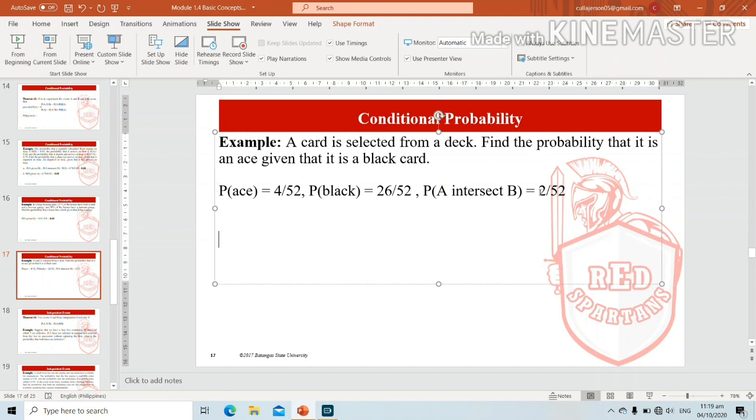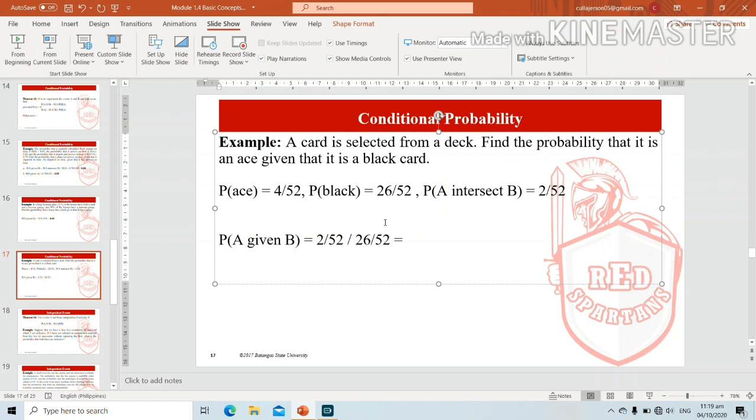Pero ang tinatanong ay probability that it is an ace, ibig sabihin, probability ng A given B. Ang intersection natin is 2 over 52. Then, i-divide natin ang 2 over 52 sa given B. Ano ba ang probability ng black? 26 over 52.